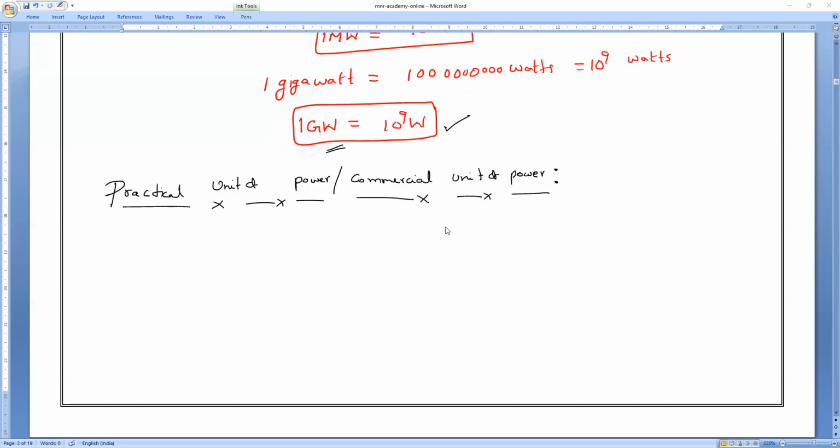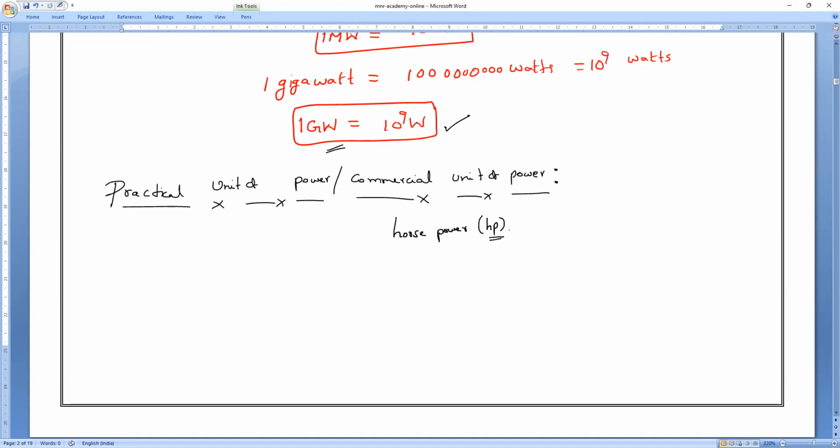So every house has a power rating, or else you have a mixer grinder, a refrigerator or some other thing. You just ask them what the motor capacity is, mainly grinders. Darshan, 2 horsepower. So the practical unit of power is HP. HP means, what is that, everybody? Horsepower.